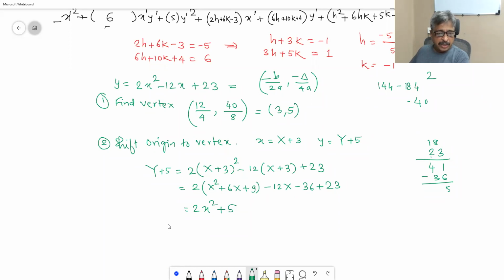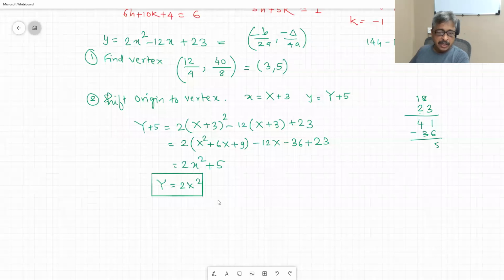I think I am doing it correctly. So Y is equal to 2X square, capital X, is the equation of the same parabola in the new coordinate system.